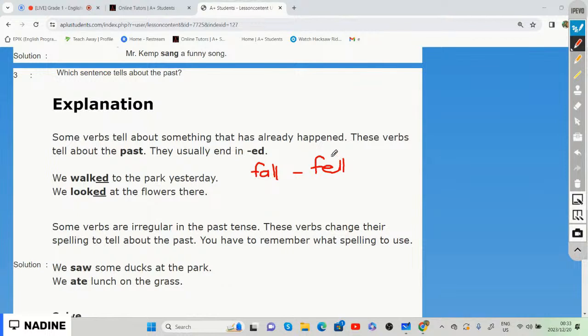Children fell out of the tree, or the children fell to the ground, right? So fall is the present tense. It shows now. But in the past, we say fell. And there we see the word has changed.